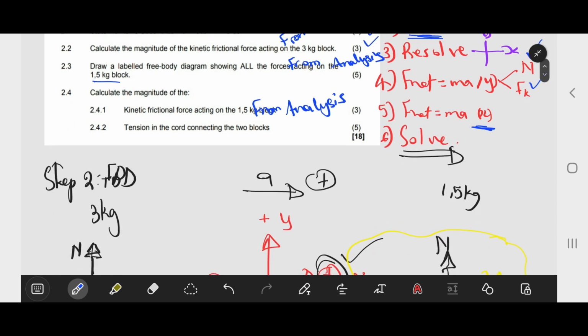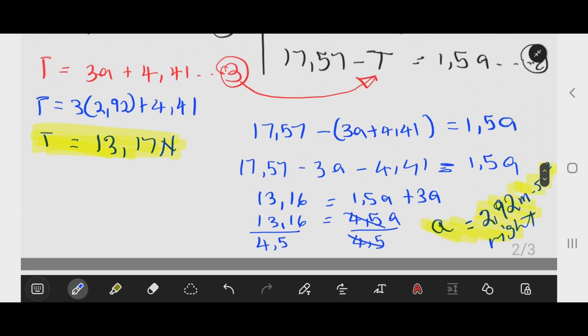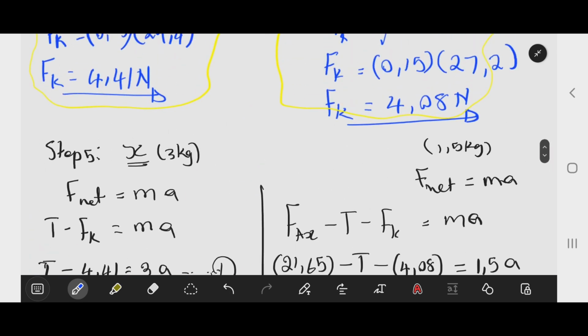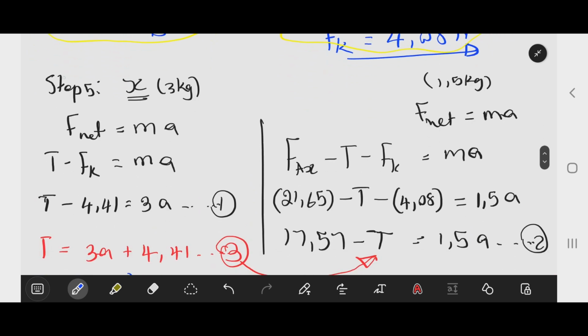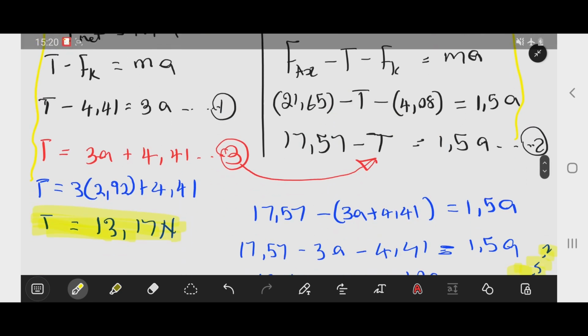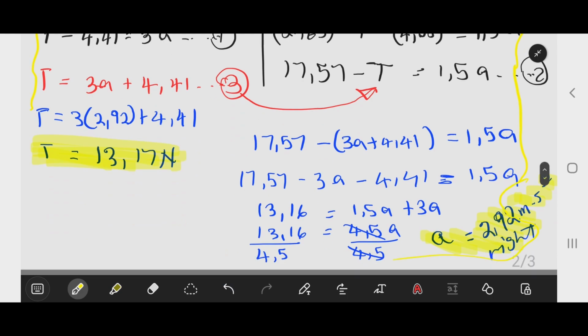And the last question, calculate the magnitude of the tension in the cord connecting the two blocks. And we have calculated the tension down here in the last step whereby we were solving, and this started from the F net in the X direction. So all this working gave you the tension, and we have calculated our tension to be 13.17.